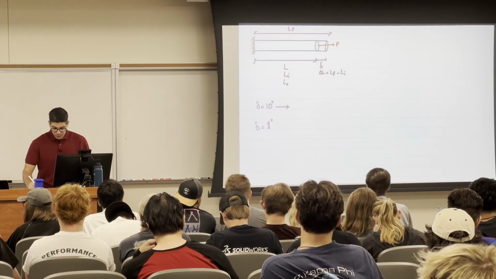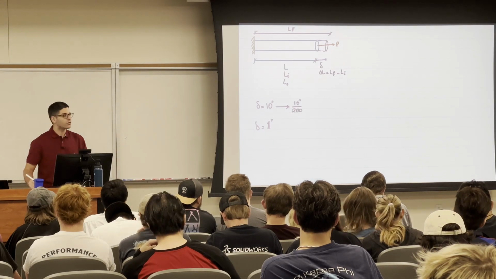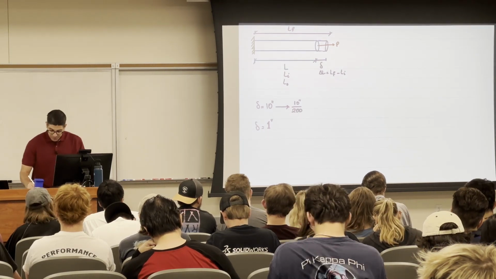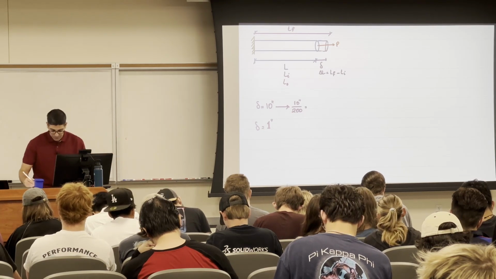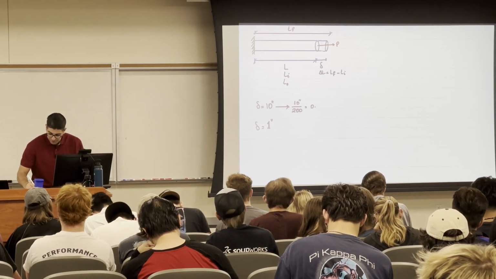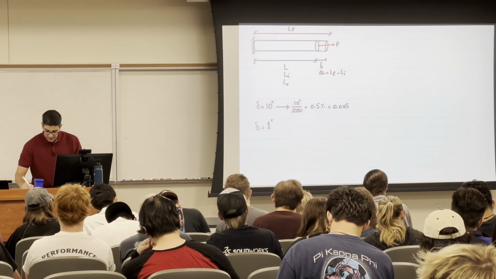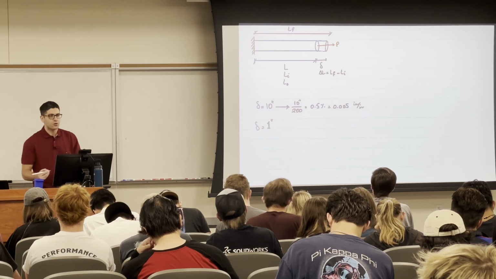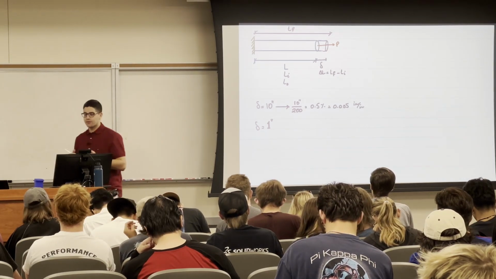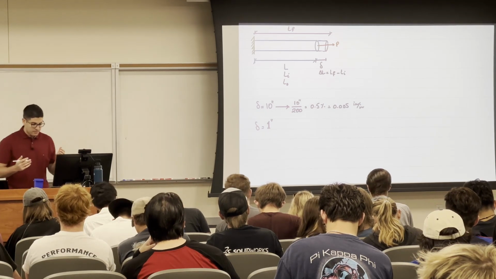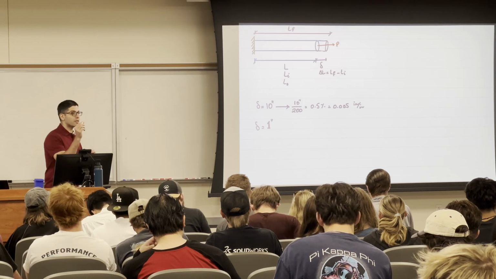So, for example, if this member was originally 200 inches, the ratio between the delta and the original length is, for example, 0.5% or 0.005. And the units here are going to be inch over inch, which is unitless. I'm just getting the ratio of the deformation to the original length. What I'm trying to do here is I want to know the amount of deformation per unit length.